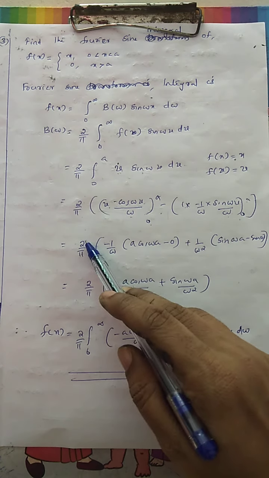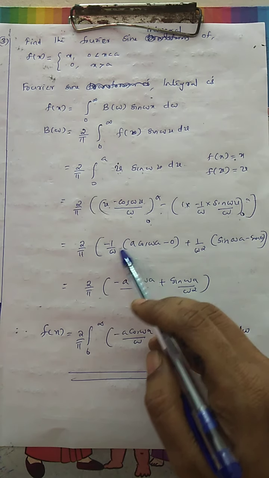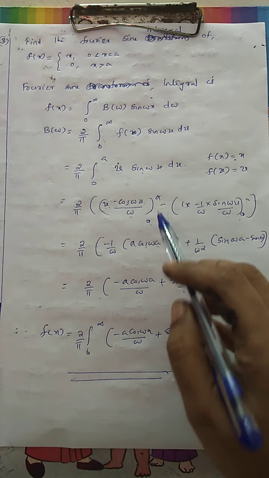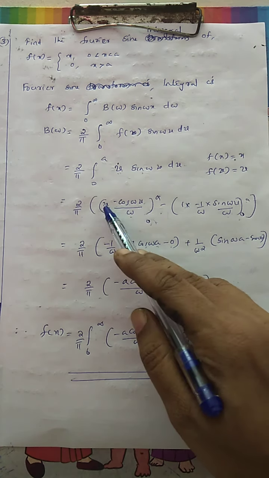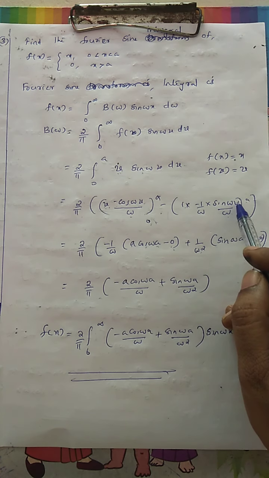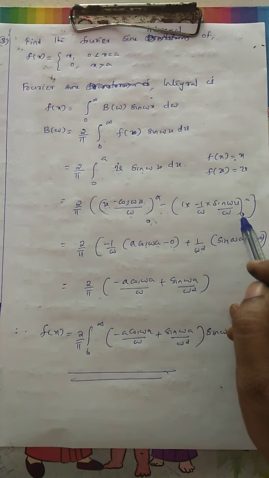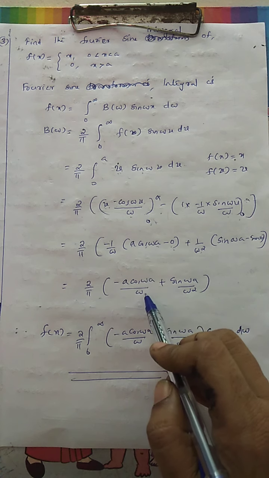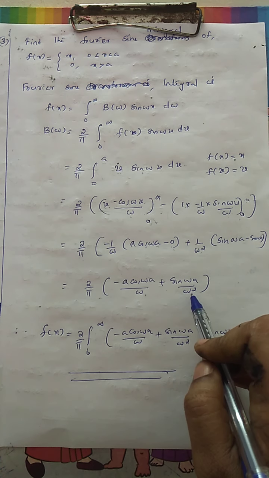Applying the limit, 2 by pi, minus 1 by omega, putting nu equal to a you get a cos omega a, minus putting nu equal to 0, the lower limit is 0, plus 1 by omega square sin omega a minus the lower limit sin 0. So the result is 2 by pi into minus a cos omega a by omega plus sin omega a by omega square.